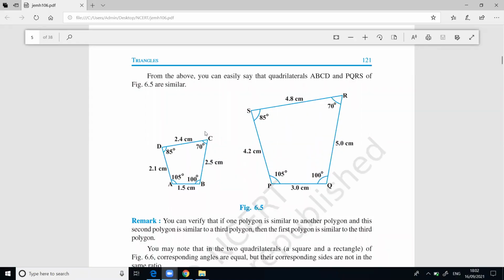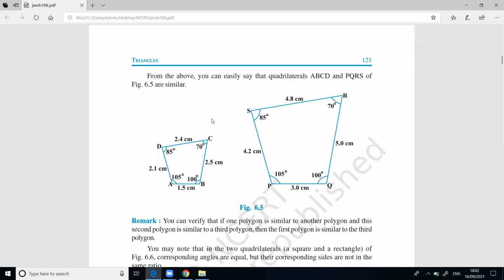Now you can see in this figure there are two quadrilaterals ABCD and PQRS. So here angle D corresponds to angle S, angle C corresponds to angle R, angle A corresponds to angle P, angle B corresponds to angle Q. So corresponding angles are equal as well as corresponding sides are in proportion.